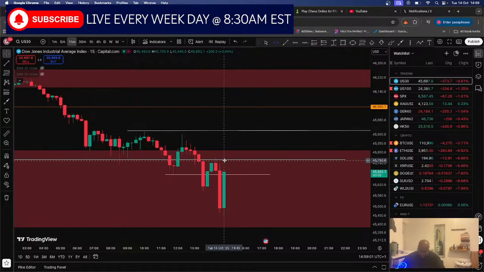But it would be slightly better if we could just get the close above here. But you know, I think I'm willing to put money at risk for this. Alright, I'm gonna get positioned at the close of this candle.